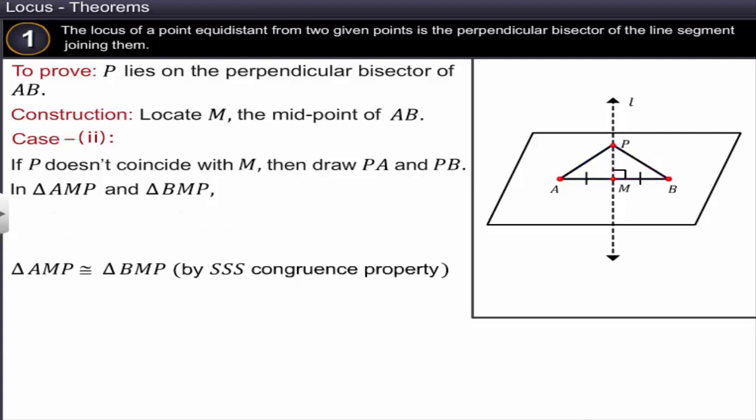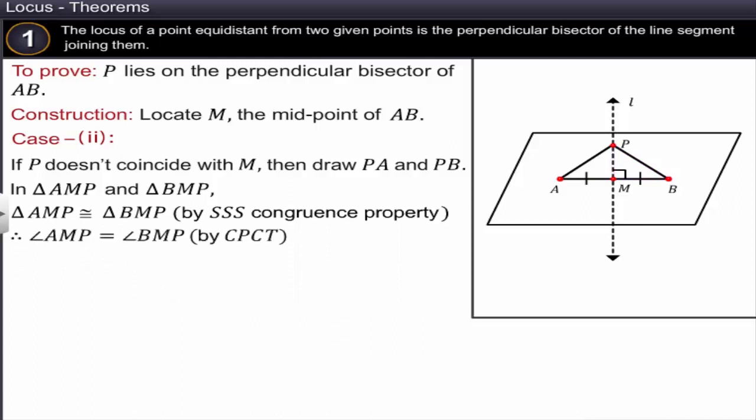Therefore, by corresponding parts of congruent triangles, angle AMP and angle BMP are equal. As angles AMP and BMP form a linear pair, each measures 90 degrees.